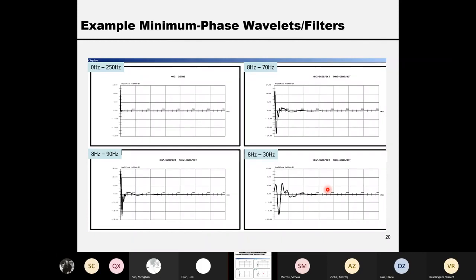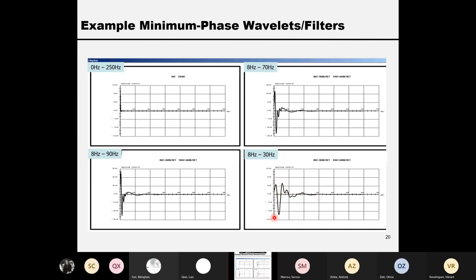For the dynamite seismic, if we use a dynamite source instead of a vibroseis, very likely you have what we call the minimum phased wavelet, right? So energy in the front and the energy decays.